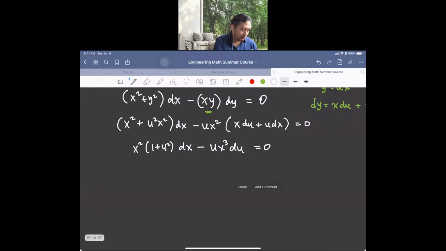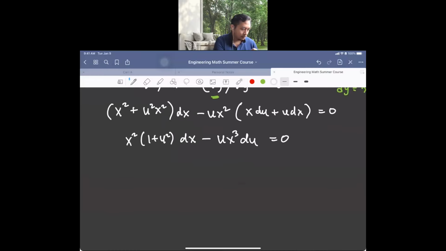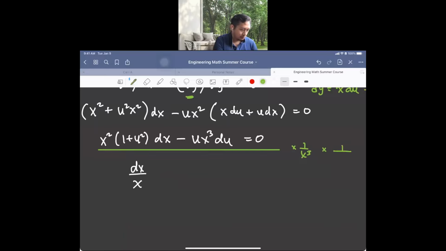And we can separate this. Divide by x cubed, dx per x, divide also by 1 plus u squared.